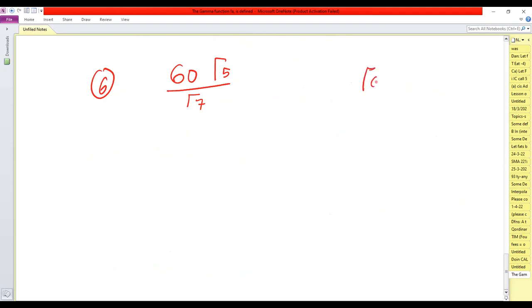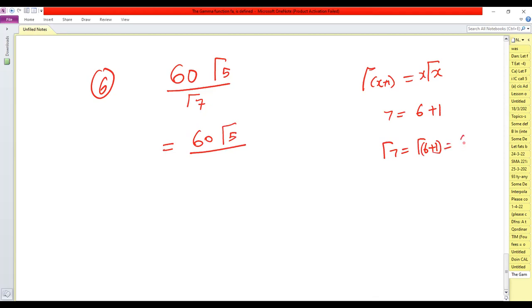Now gamma of x plus 1 is given by x gamma of x. So 7 can be written as 6 plus 1. So this will be the same as 60 gamma of 5 over, now gamma of 7 is the same as gamma of 6 plus 1, which is 6 gamma of 6.